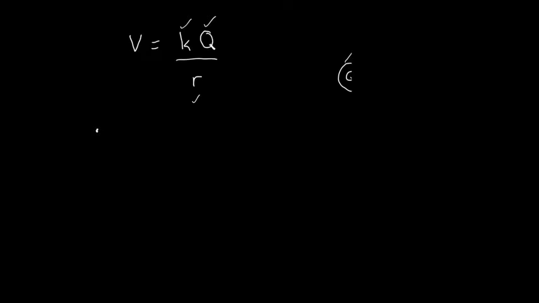Now, an awesome point to recognize is that potential is different than the electric field because it's a scalar. So that means we don't really have to worry about direction. So if we want to find potential differences, we can just add them up for various different charges, and we don't need to break into X, Y, and Z directions. So if I have a whole bunch of charges, I have a Q here, maybe another Q, maybe another Q over here.